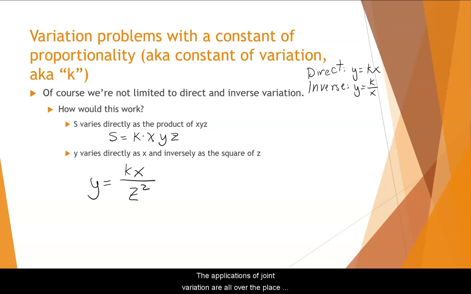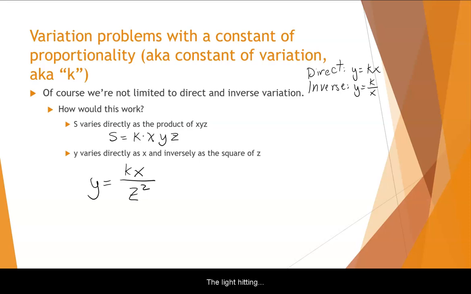The applications of joint variation are all over the place, because in more complicated situations, this variation changes. The gravitational pull of two objects varies not just with the mass of one object and the force of gravity, but with the mass of both objects, and the distance the objects are apart.